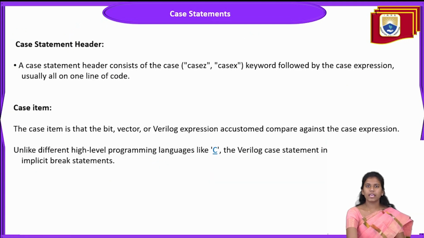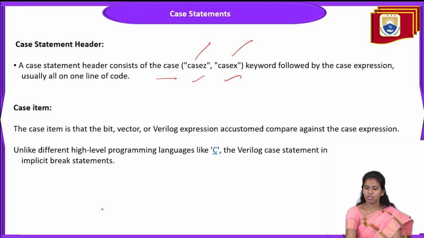And now coming to the case statement header. In this part, we will be learning more about the different case terms. So what is this case statement header? The header consists of the case keyword, it could be casez or casex.